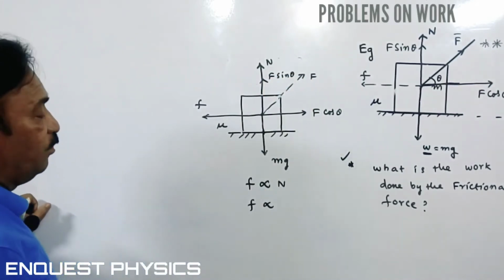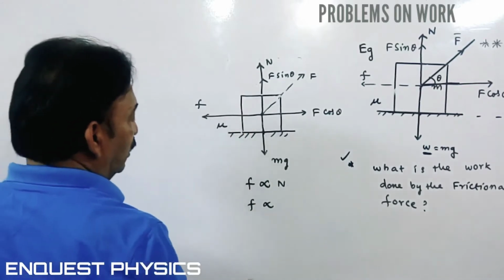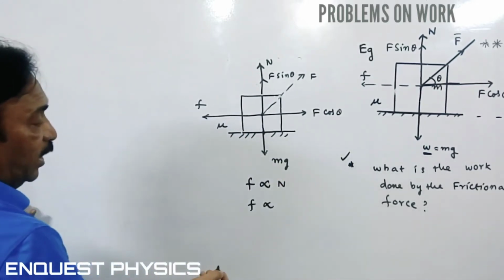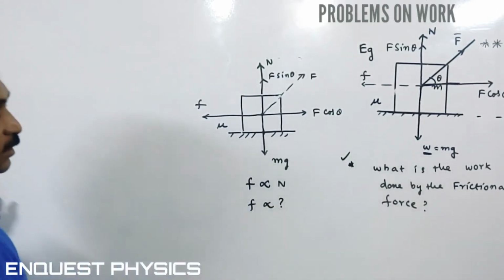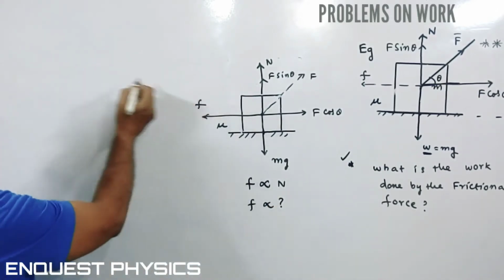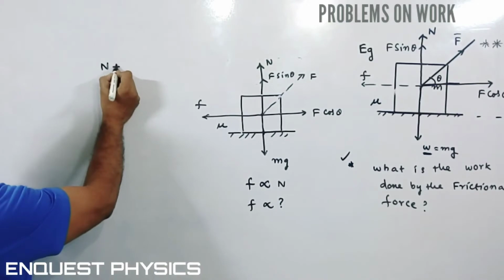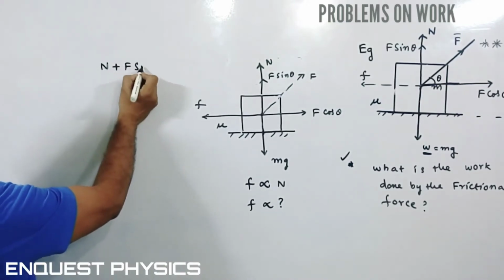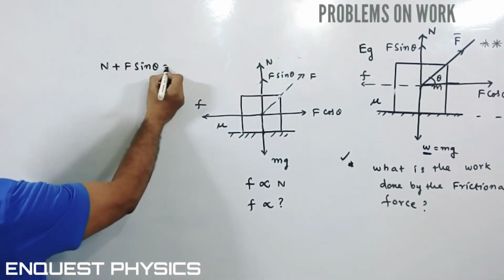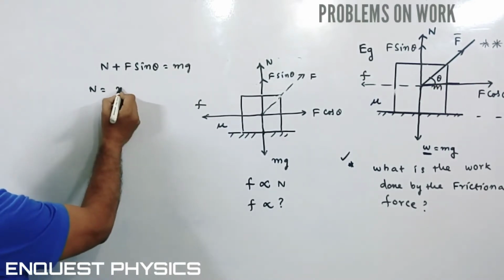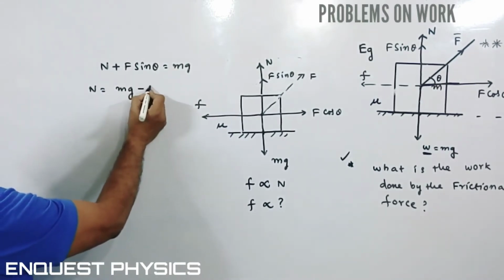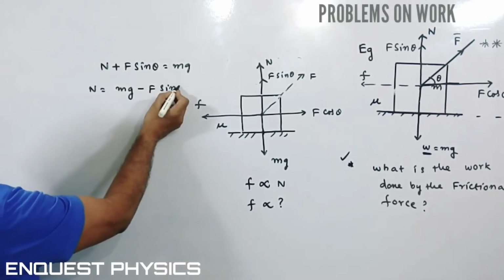Okay, students, then we can write normal reaction. We had to know the value of the N, that's why I am writing here. See, in the diagram, N plus F sine theta is equal to mg, and obviously N is equal to mg minus F sine theta.